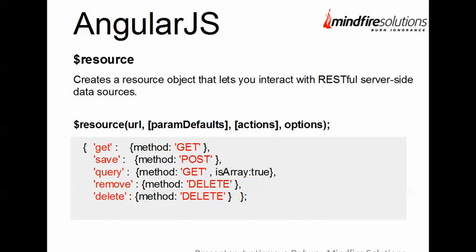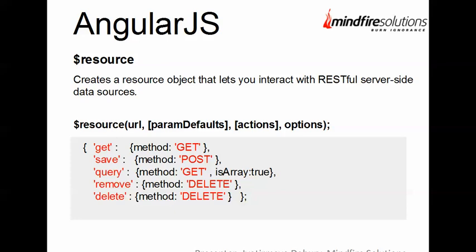This resource service automatically has a few methods like get, save, query, remove or delete. So get to fetch the data, save to post the data and save it on the server, and query again to get multiple records, where we need to define isArray true, meaning it will expect an array response.